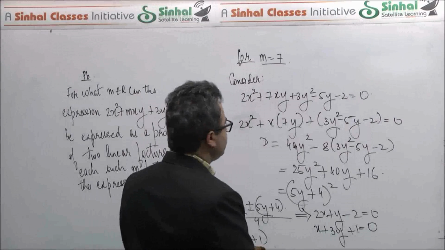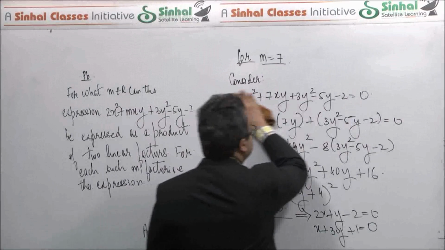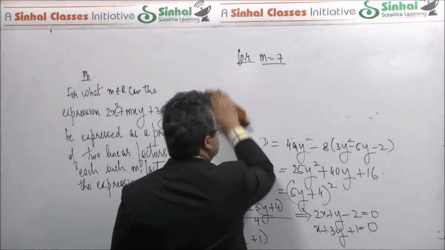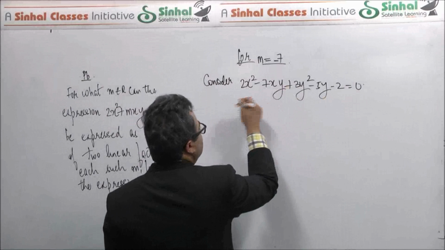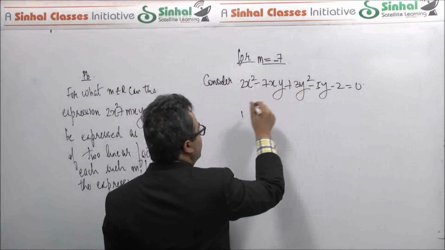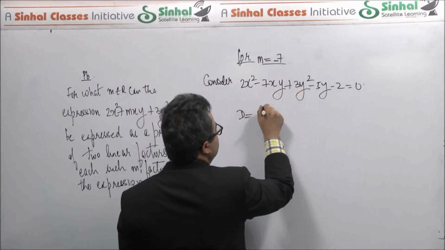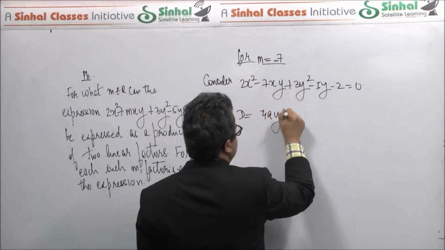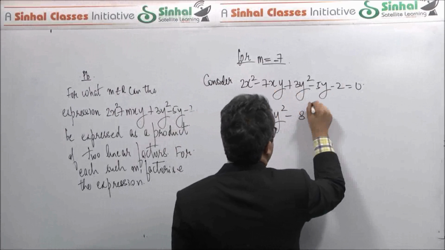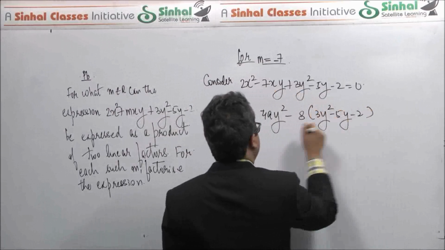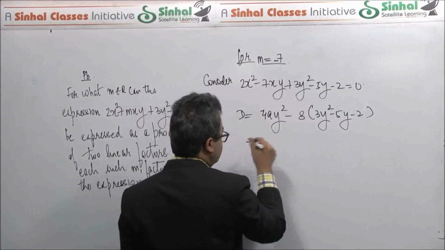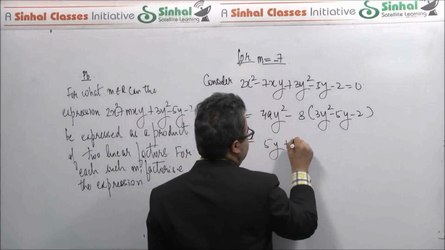So we can try to do a similar thing for m equal to minus 7 also. Considered again for m equal to minus 7, I've considered the corresponding equation. Again I'm treating it as a quadratic in x, so the discriminant again would be actually the form will turn out to be the same again, so you'll get 5y plus 4 whole square.